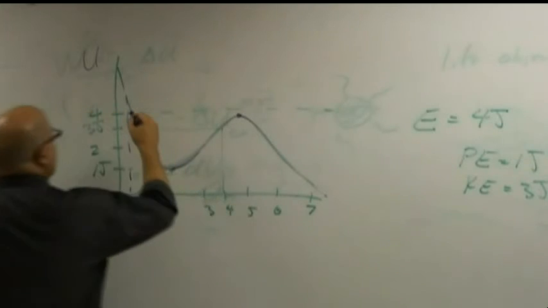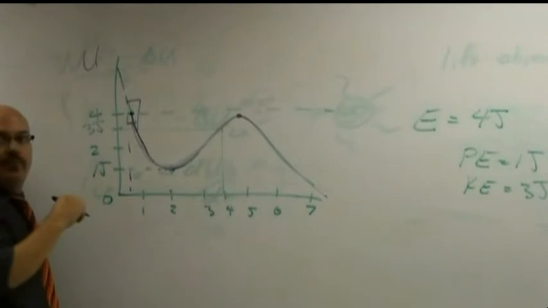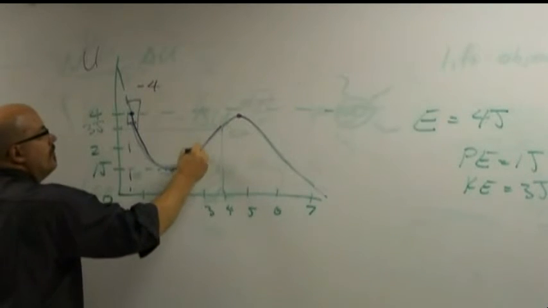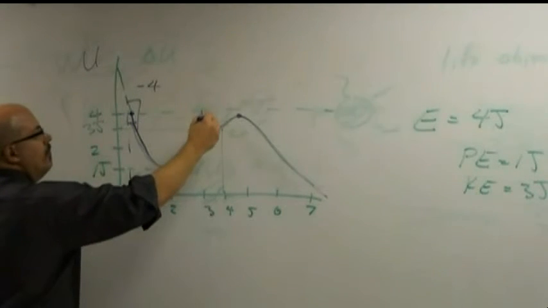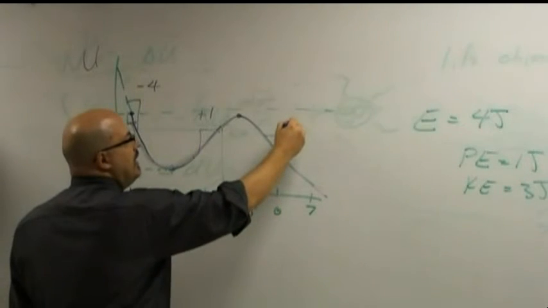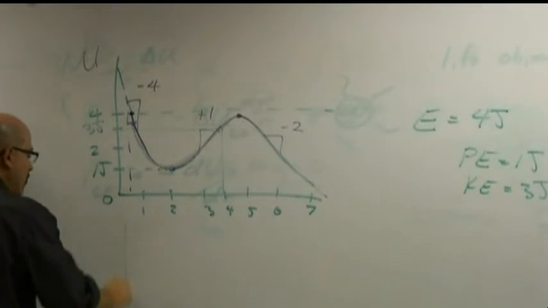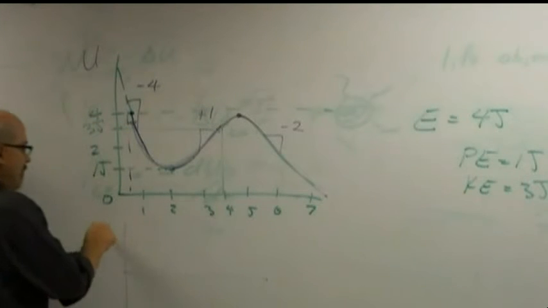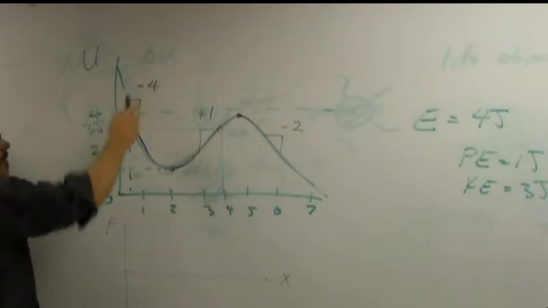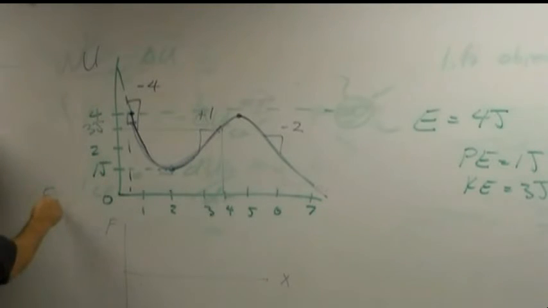What's the slope right here? Negative. Okay, it's -4. What's the slope right here? Positive, +1. What's the slope right here? -2. All right, so when we do our graph, force versus x, the force is the negative derivative, right?